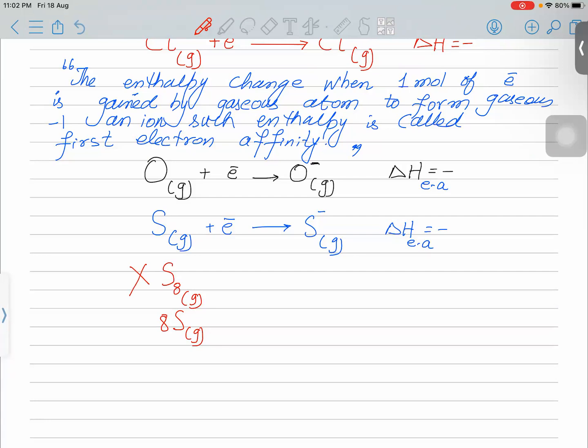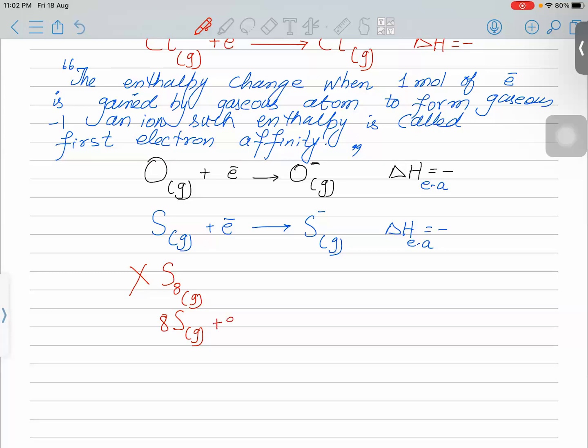A gaseous atom is required. S8 is a molecule. It is a molecular state, just like Cl2, O2, S8, P4, all are molecular states. Are you getting my point? If it's a molecule, it can't be an atom. Okay, so this is wrong.